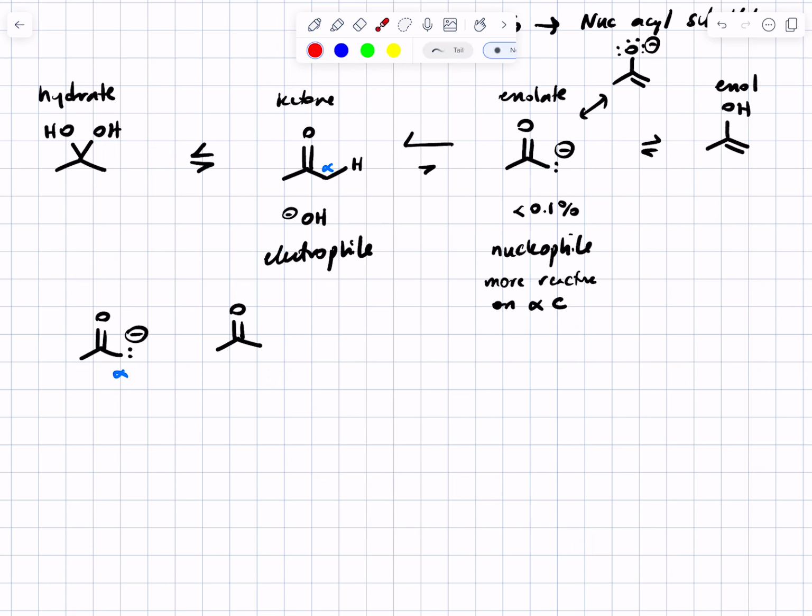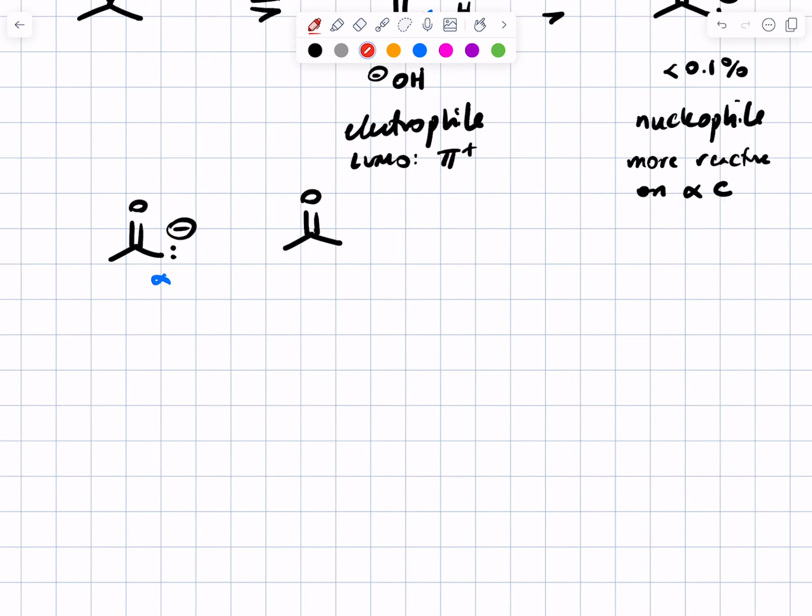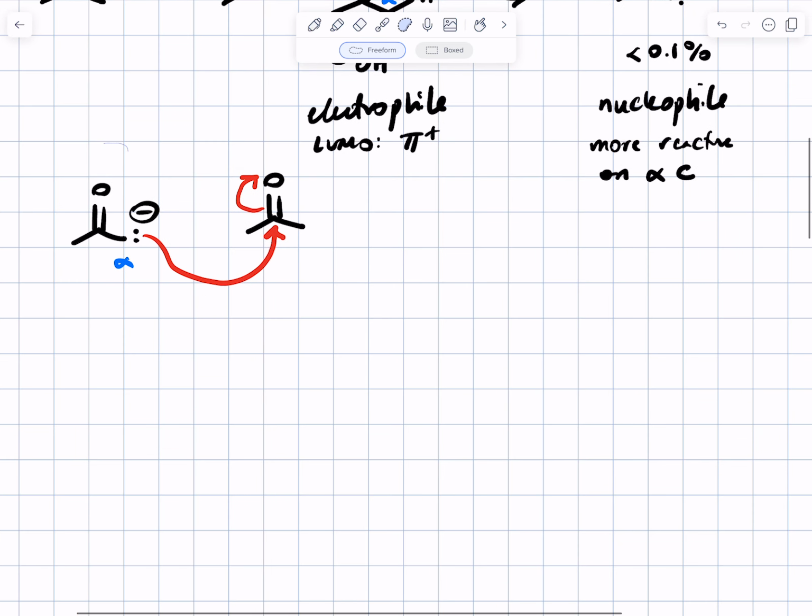Now, if you think about the electrophile, where is the LUMO? Where is the empty orbital that's going to be attacked on the electrophile? Well, as we've learned before, the LUMO is the pi star. So you could expect the nucleophile to attack the pi star, breaking the pi bond and creating a tetrahedral intermediate.